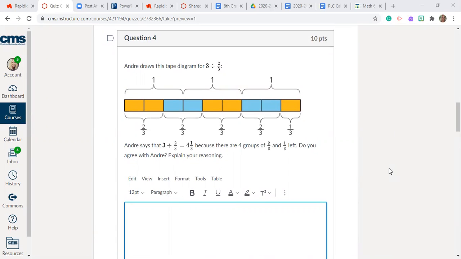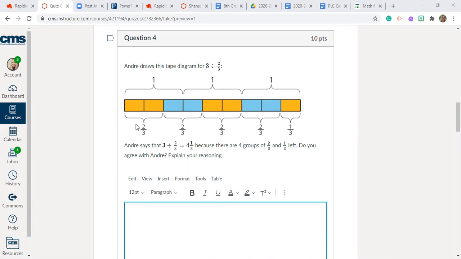Okay, question number 4. Andre draws this tape diagram for 3 divided by 2/3. Okay, so if you take a look here, he's broken it up. The 3 is on top, 1, 1, and 1.